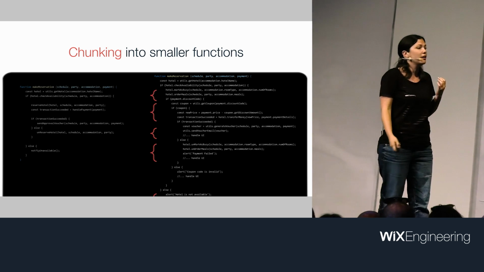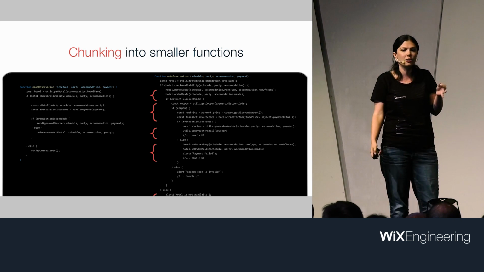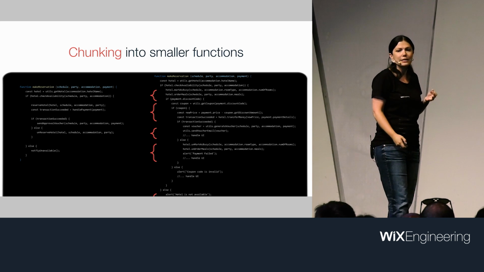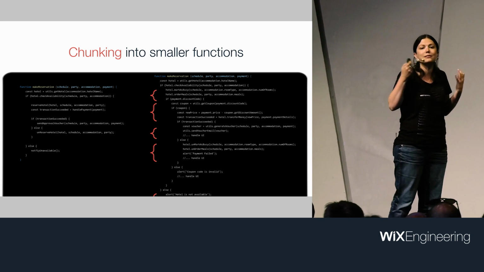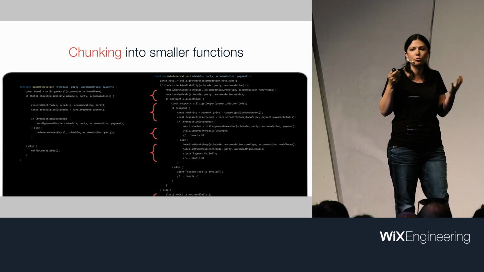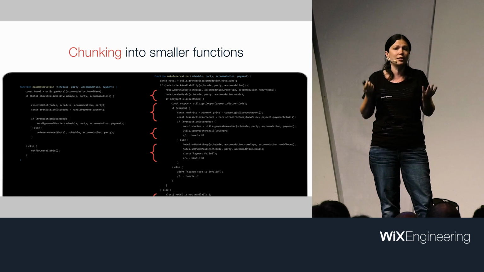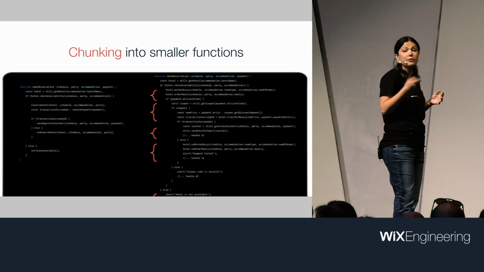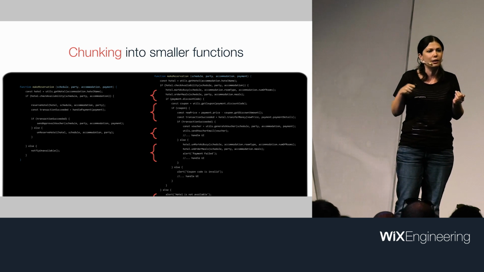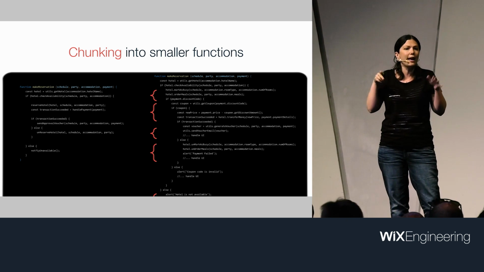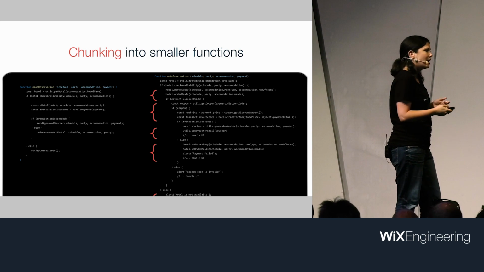If I use chunking and split it into smaller, meaningful functions, now it's much easier to read and to understand the story this function is telling me. It's much easier to get the higher level, the bigger picture, and to dive into the details as I see fit. It's also easier to debug, because if I know there's a specific bug in one of the lines, I only have to step into that specific line, and that's it.